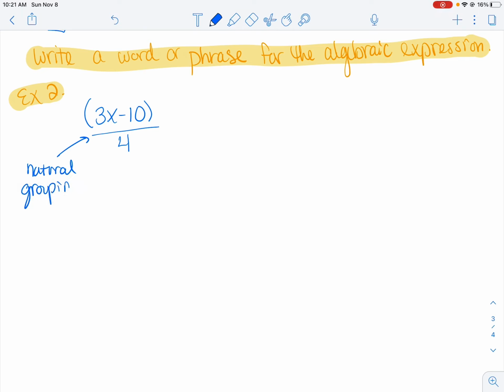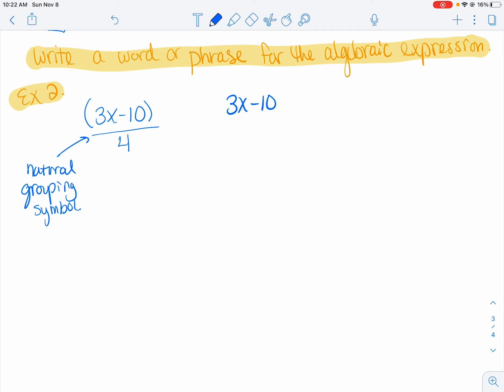So even if we didn't see the parentheses there, we would want to make sure we express that 3x minus 10 is grouped together, because otherwise you might just end up dividing 10 by 4 or just dividing 3x by 4, and that's not really what it's saying, okay? So first, let's start in the parentheses, in the group, just like we would with anything else with PEMDAS, and see if we can write an expression for 3x minus 10, all right?